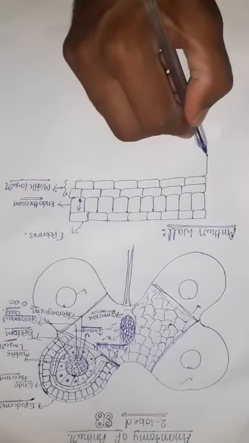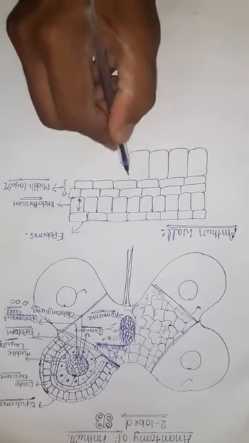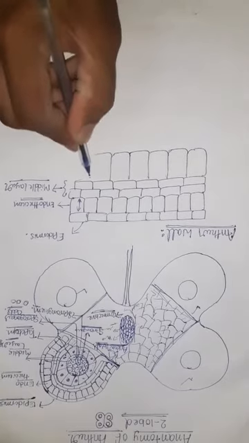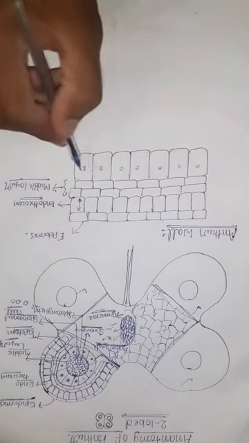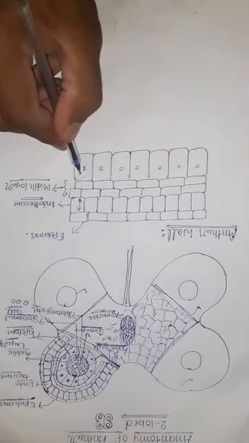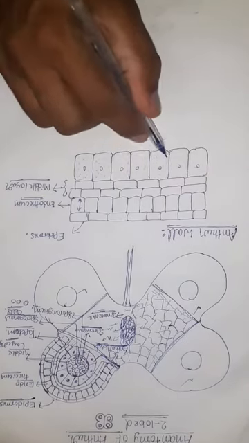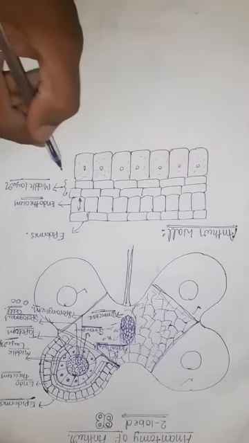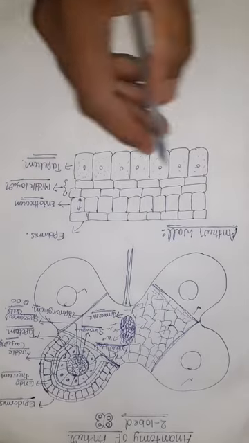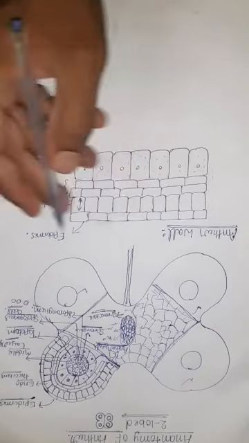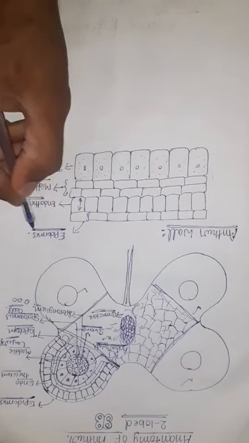After that, the innermost layer in the anther wall is a big cell layer, also a single layer, having a very prominent nucleus, rich in nutrients, with very dense cytoplasm. This cell layer is called the tapetum. This is all about the anther wall. The anther wall consists of four layers, and the outermost layer is the epidermis.